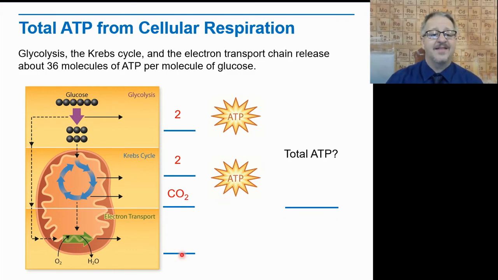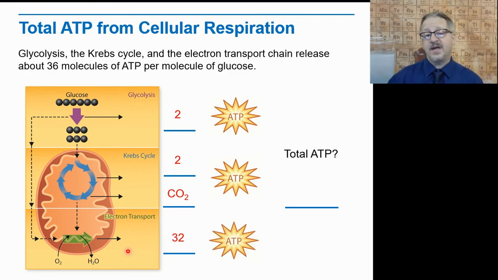But then we've got the electron transport chain. The electron transport chain is where the magic happens, my friends, because the electron transport chain, thanks to all those NADHs and all those FADH2s, is going to be able to generate 32 ATP. That's a huge jump. So you can see why the electron transport chain is very important to cellular respiration, because that's where the majority of our ATP come from.